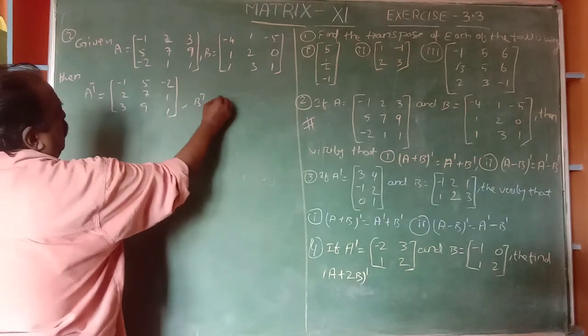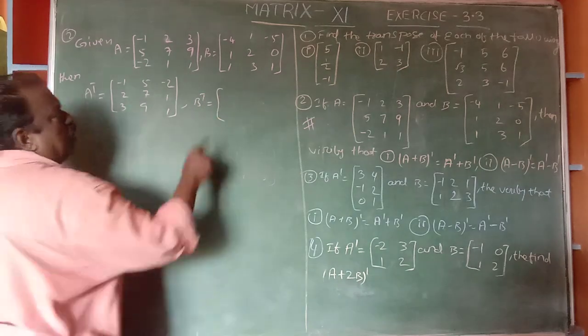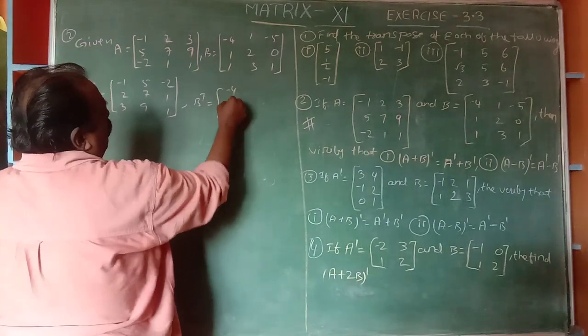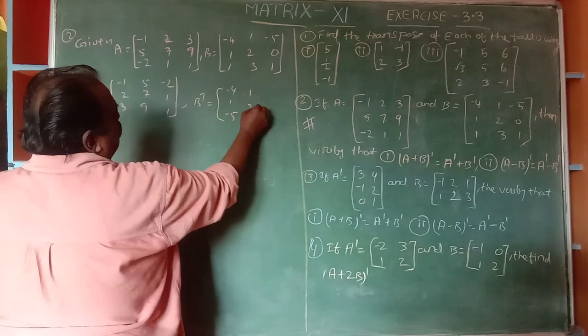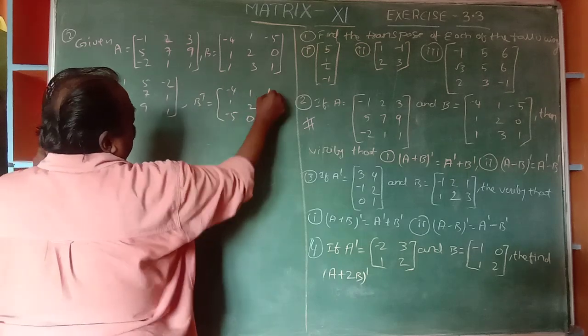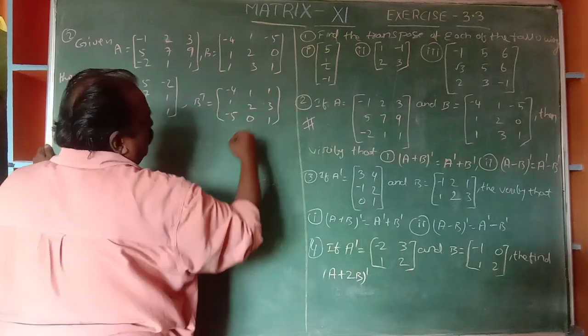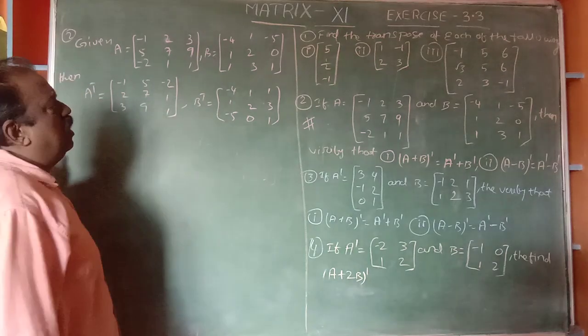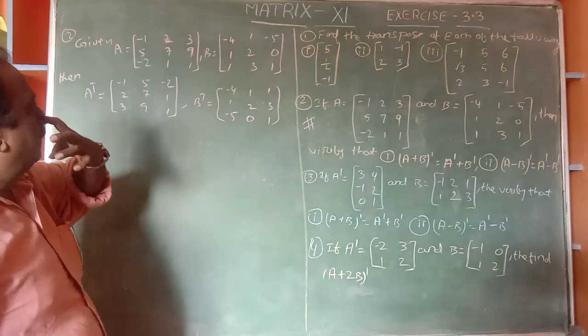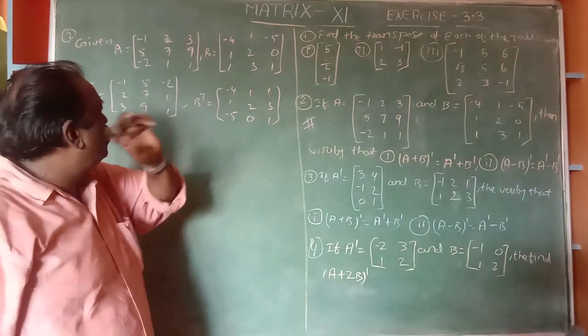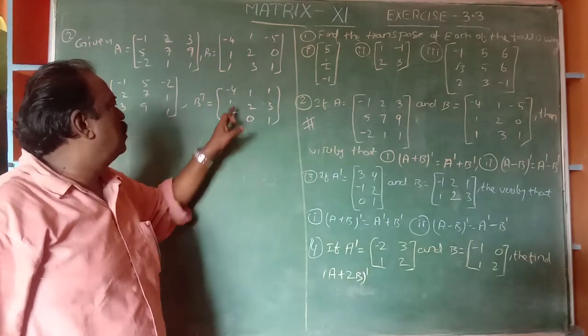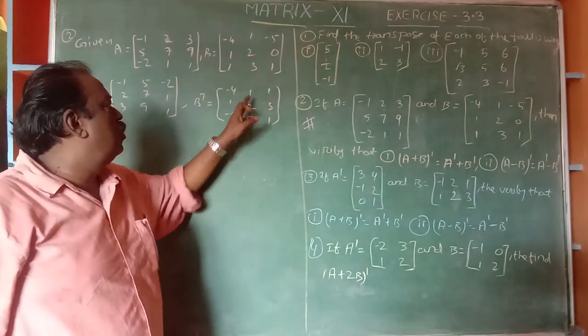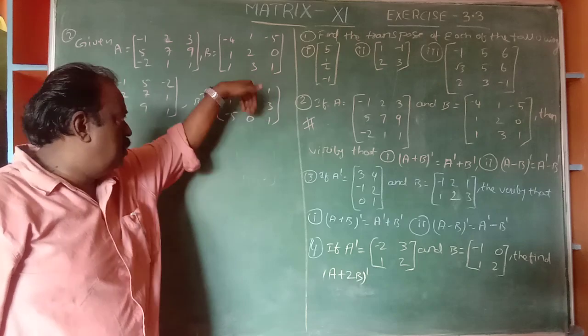And B transpose also: the first row as the first column, the second row as the second column, the third row as the third column. Like this. You see there: minus 4, 1, minus 5; 1, 2, 0; 1, 3, 1 as a column.